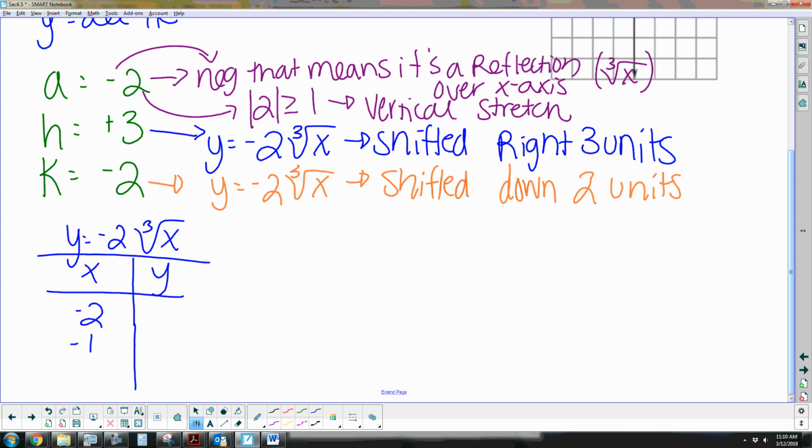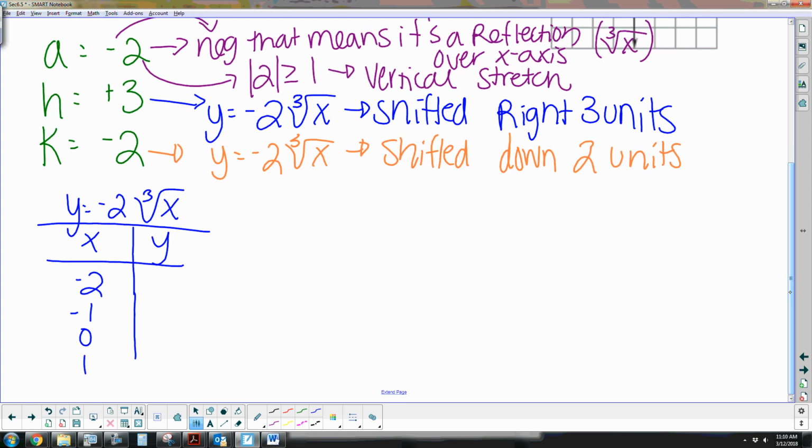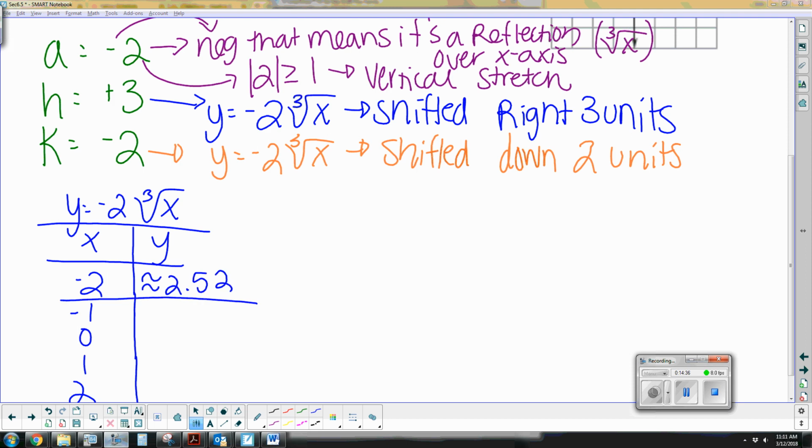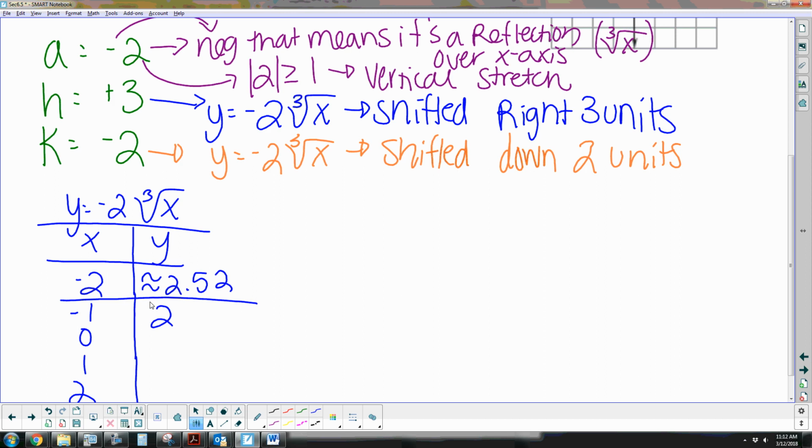But we'll do negative 2, negative 1, 0, 1, and 2, just so that we can see a couple positive and a couple negative numbers. Now if you plug into your calculator the cubed root of negative 2 times negative 2, you get approximately 2.52. Negative 1, the cubed root of negative 1 is negative 1 times negative 2 is positive 2.